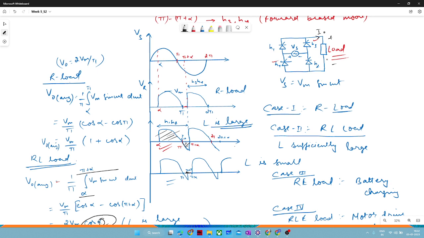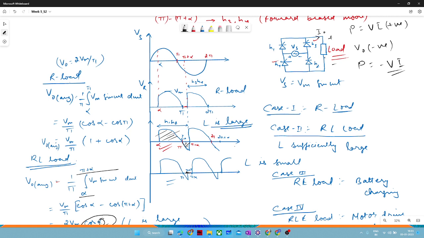So if you are getting V naught negative, earlier it was positive, so power V times I was positive, so the load was absorbing the power. But when V gets negative, your power is minus VI. And minus VI means now the load will deliver its energy back to the source.